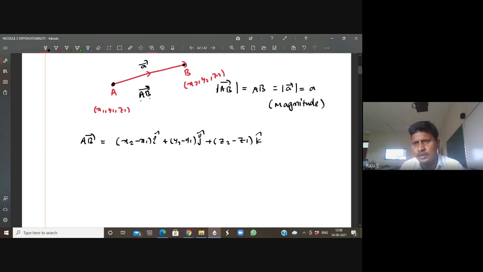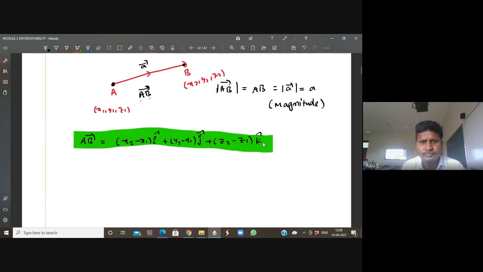So this gives the vector AB. Then simply observe, students, here x2 minus x1 and y2 minus y1 are scalar components. This is very important. There are two types of components, scalar components and vector components. Here the scalar components are x2 minus x1, and so on.